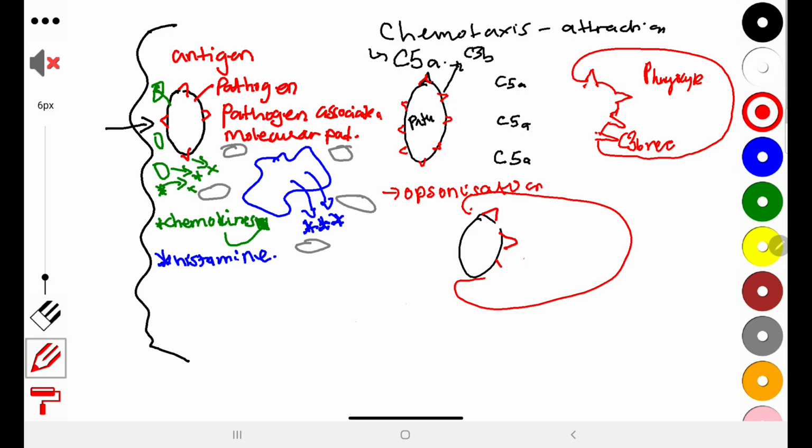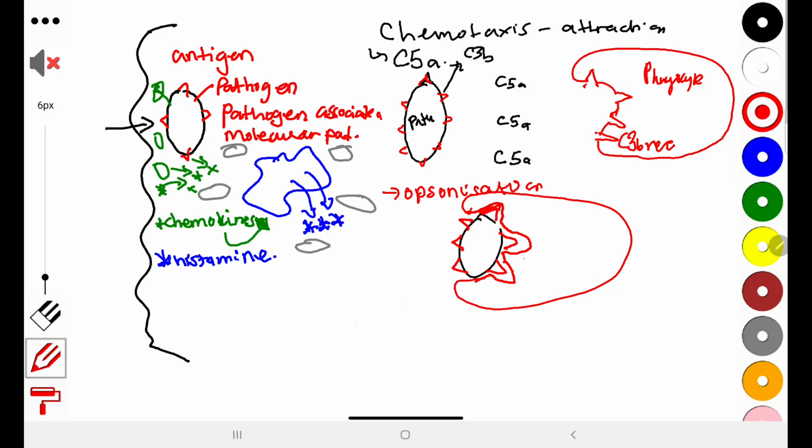If these are the C3bs, then we have the phagocyte coating them or binding with them.